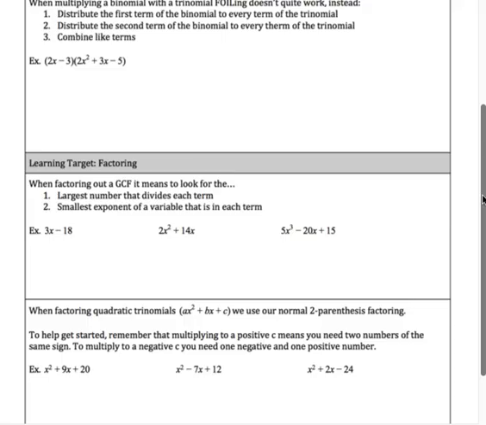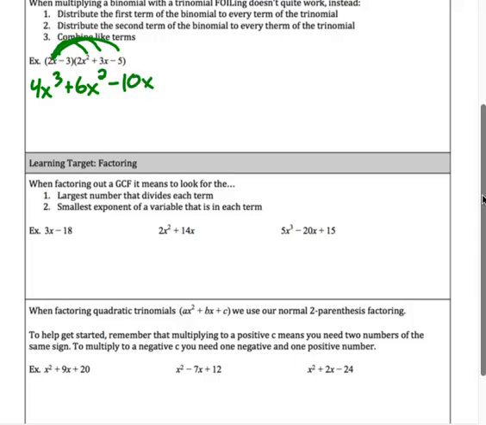So what I always do is I think of distributing the first term here to everything in that other parenthesis. So 2x to the first times 2x squared would give us a 4x to the third. 2x times 3x would be a 6x squared. 2x times negative 5 would be a negative 10x.